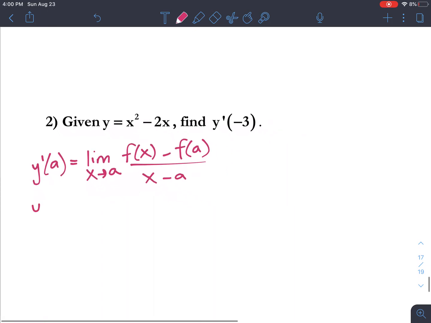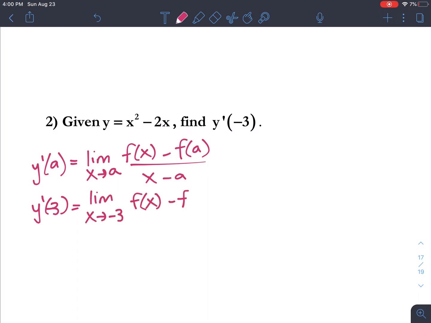So in this case, y prime of -3 would be the limit as x approaches -3 of, I'm sorry, I should be using y, I'm erasing. I want to be better about that, my bad. y of x minus y of -3 over x minus -3.